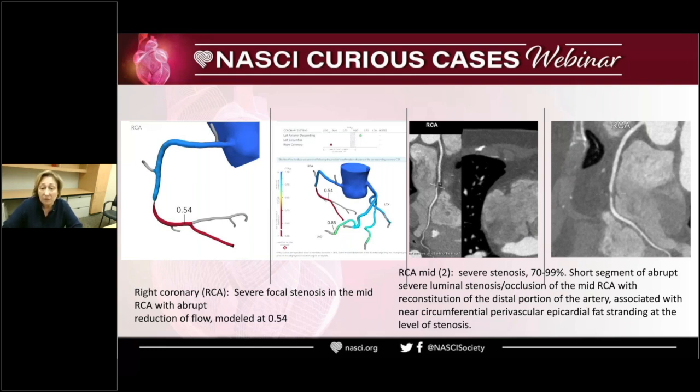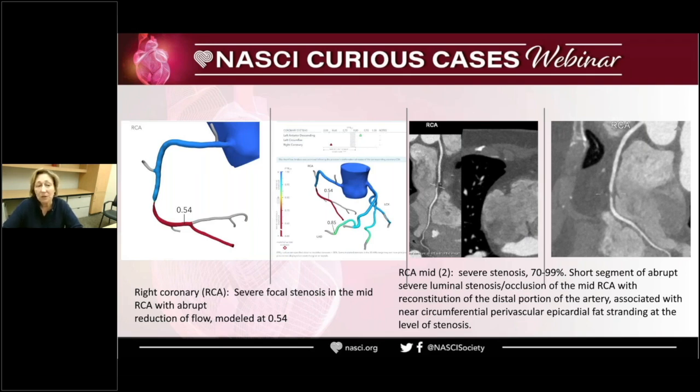In addition, for that lesion we did the FFRCT as well, and there's a perfect correlation of the FFRCT with the really tight stenosis, the huge delta between the proximal and distal segments of this stenosis, and then the flow calculator model gave 0.54. If we took it even lower, it probably would have been even lower, which corresponds to severe focal stenosis with reduction of flow.